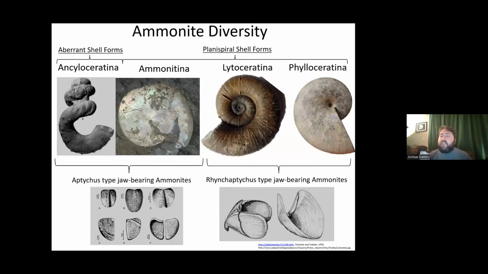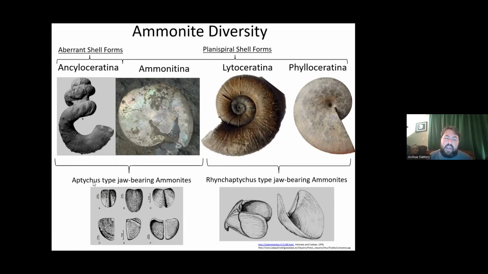What we've actually found out over the past few years is that this probably doesn't actually mean much. What they've started finding out is that their jaw structure is probably more significant for grouping ammonoids evolutionarily. So today, we break ammonites into Aptychus type jaw-bearing ammonites and Rhynchaptychus type jaw-bearing ammonites.